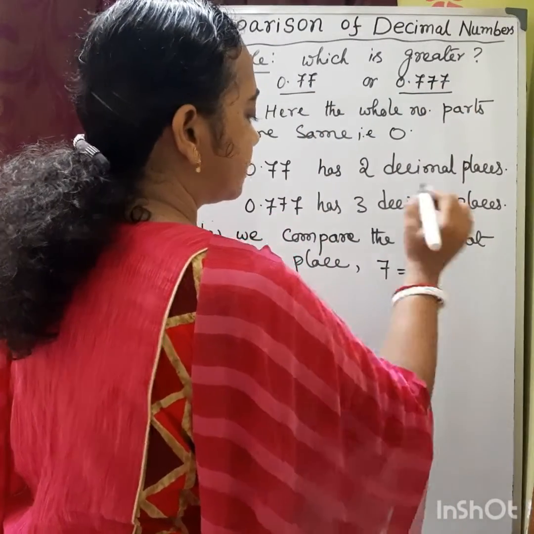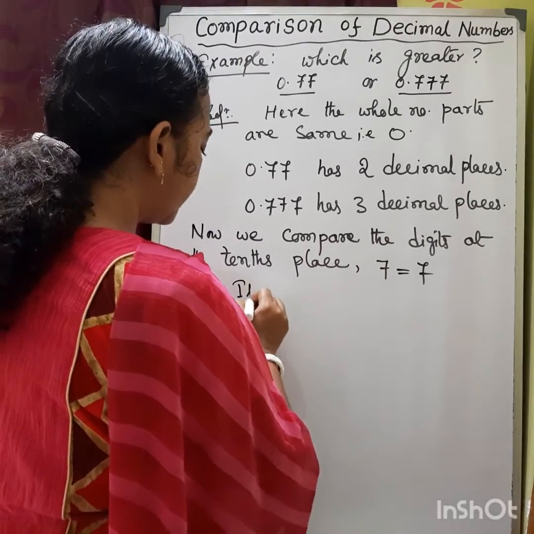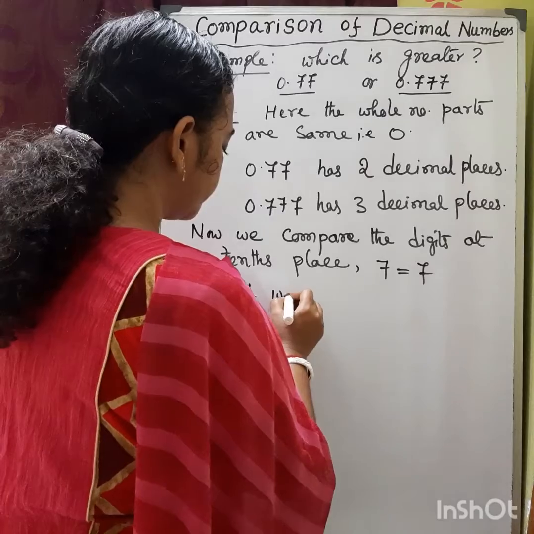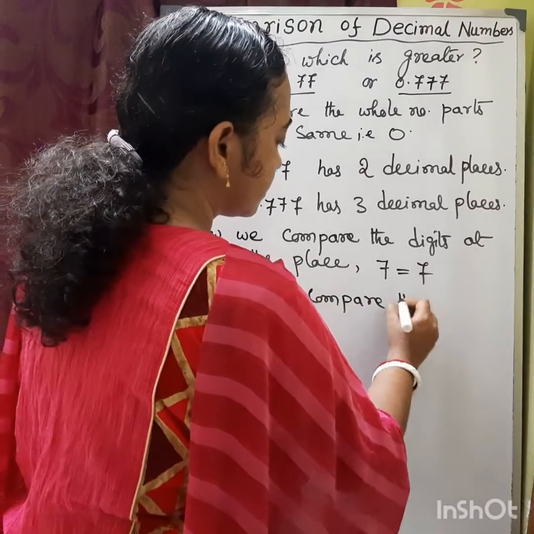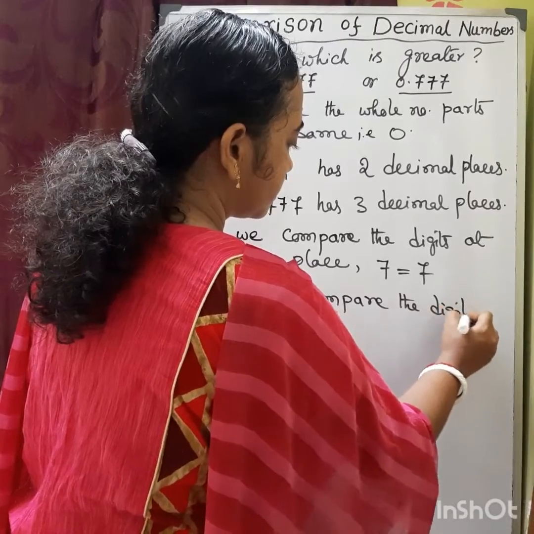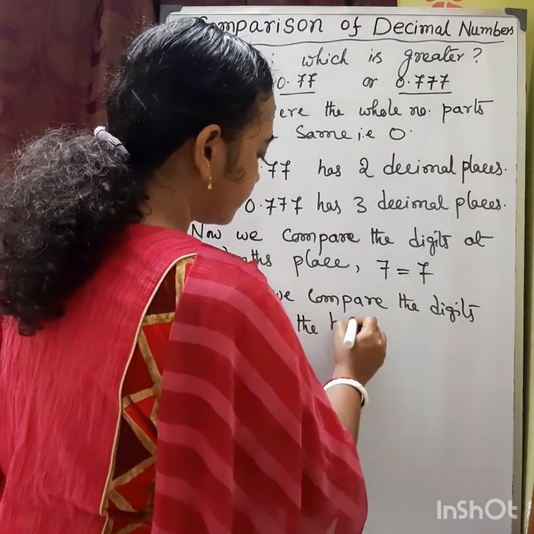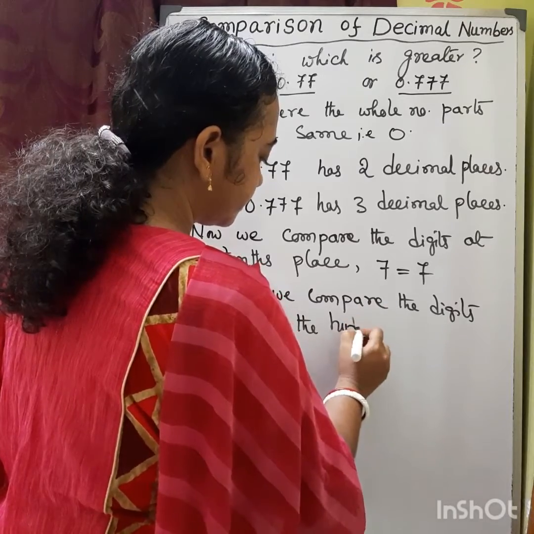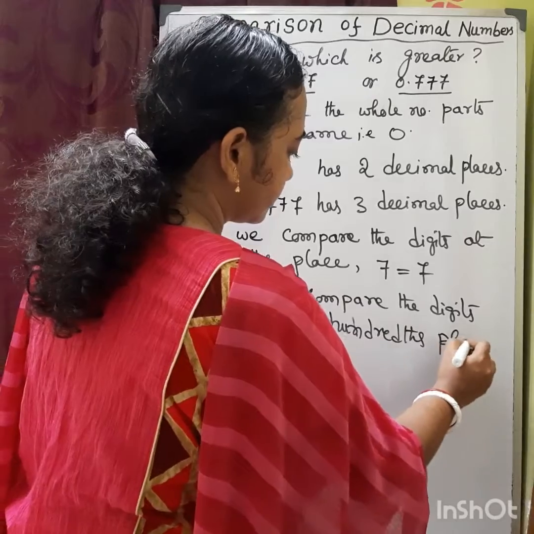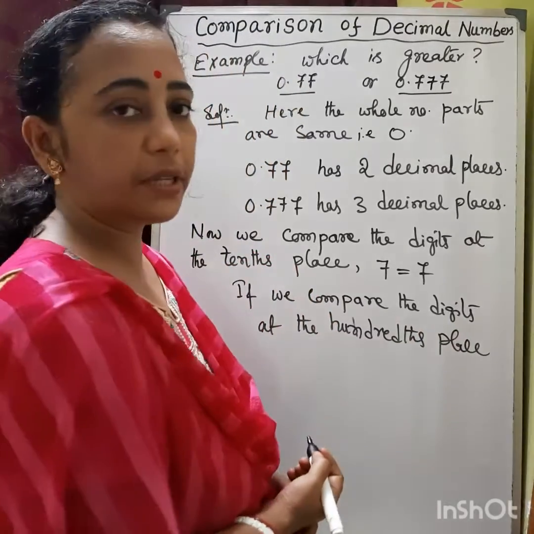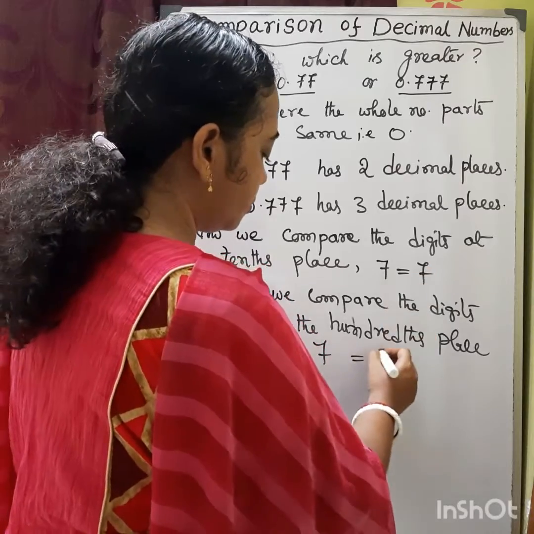So both are same. Now if we compare the digits at the hundreds place, we can see that both have the same digit, that is 7, and in the second case also 7.